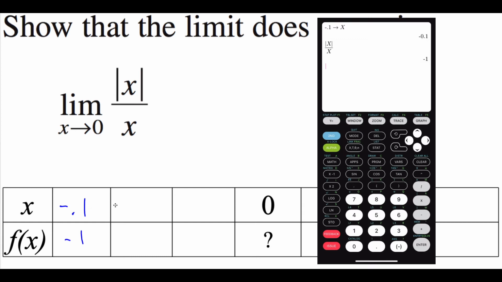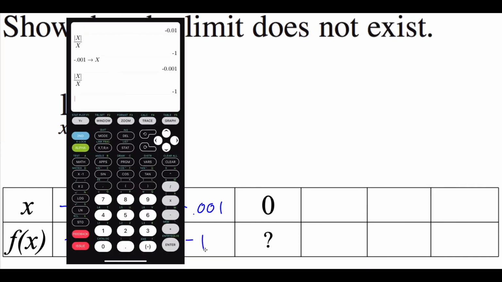Then I want to move gradually closer to 0, so I'm going to do negative 0.01 and store that as my x value. When I plug that in, again, I get negative 1. And then I want to move even closer to 0, so negative 0.001. If I store that as my x value and plug it in, I get negative 1 again.